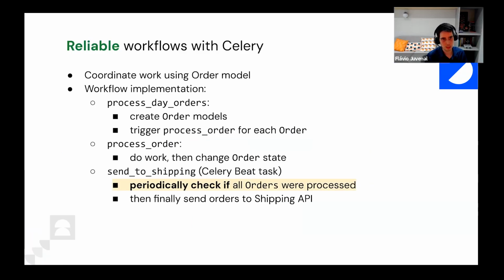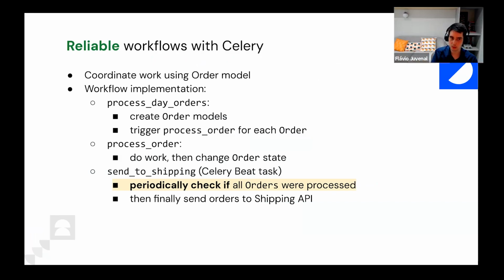So the only way we could really get this working reliably with Celery was creating an order model that will be the state of each order. And then on process the orders, we create the order model for each order. And then we trigger a task called process order for each of the orders.